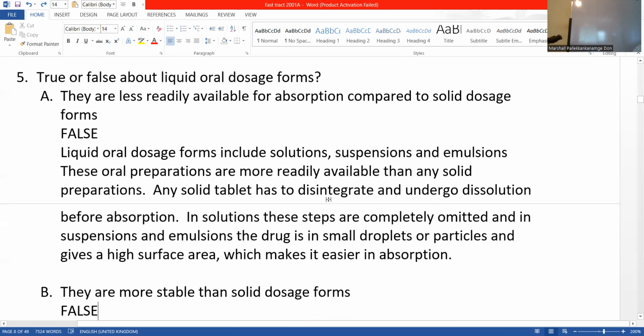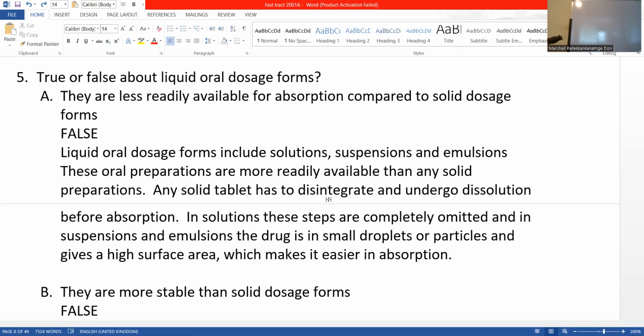Number 5. True or false about liquid oral dosage forms? They are less readily available for absorption compared to solid dosage forms. Obviously false, because liquid dosage forms are easy to absorb.